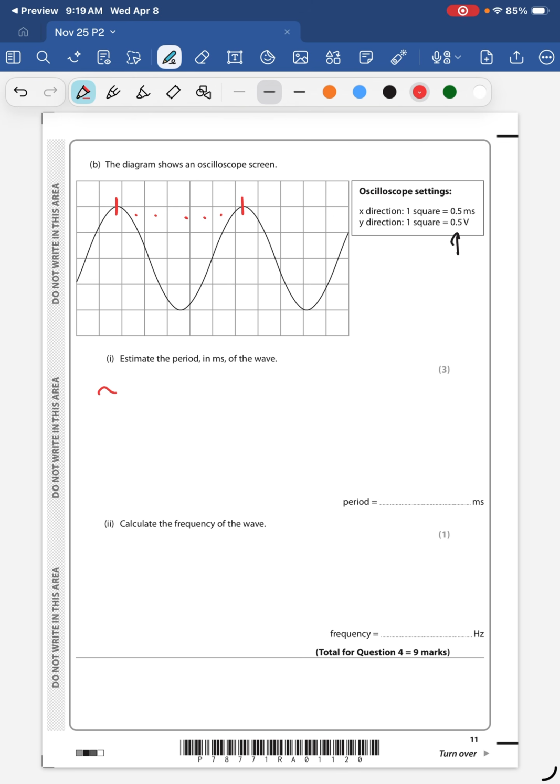So I estimate this to be 5.5 squares. Okay, so 5.5 squares times 0.5 millisecond per square yields 2.75 milliseconds. So over here you can write 2.8 milliseconds.